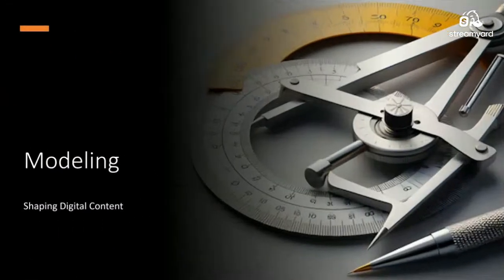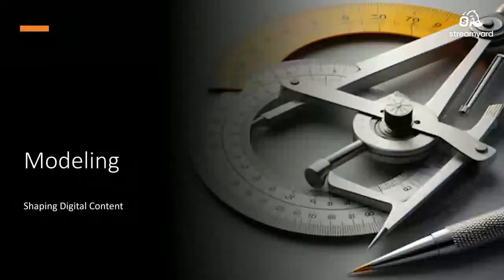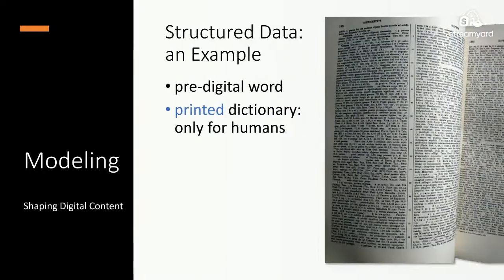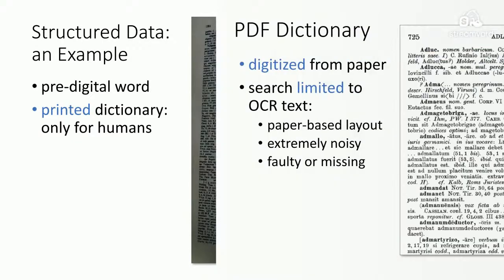Introduction. A core task in digital humanities is defining a formal view of your subject. Data needs to be structured according to this model, that is, organized to be understood and processed by a machine. So for instance, consider a dictionary. Before the digital era, we had only printed dictionaries fit for humans.